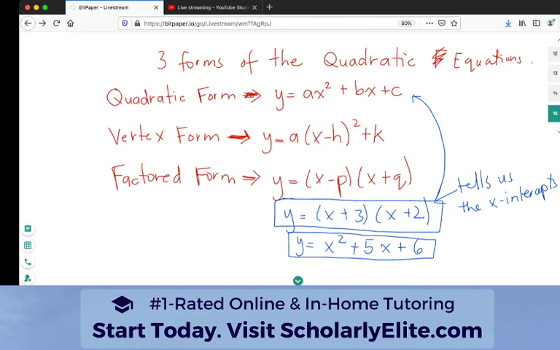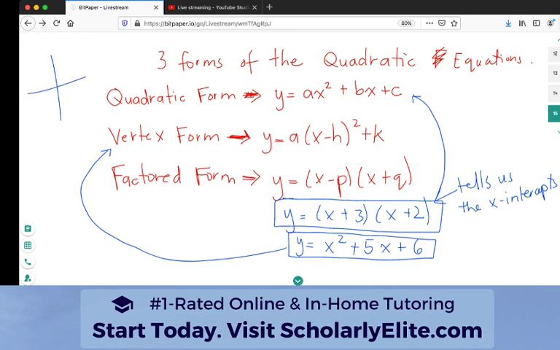And we're not going to go into how to do vertex form if we don't have time just yet, but you can also convert this into vertex form. And the whole reason why we convert between them is because each format tells us something different. So like I was saying, the factored form tells us the x-intercepts for the equation. The vertex form tells us the vertex, which is the maxima or minima.